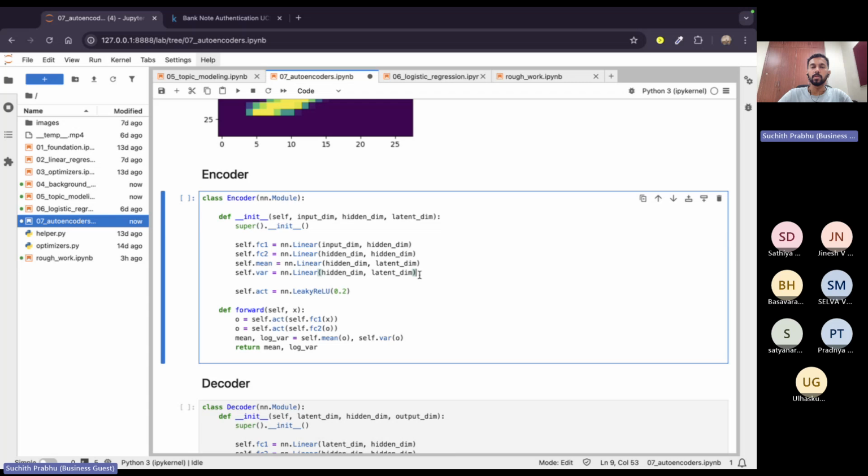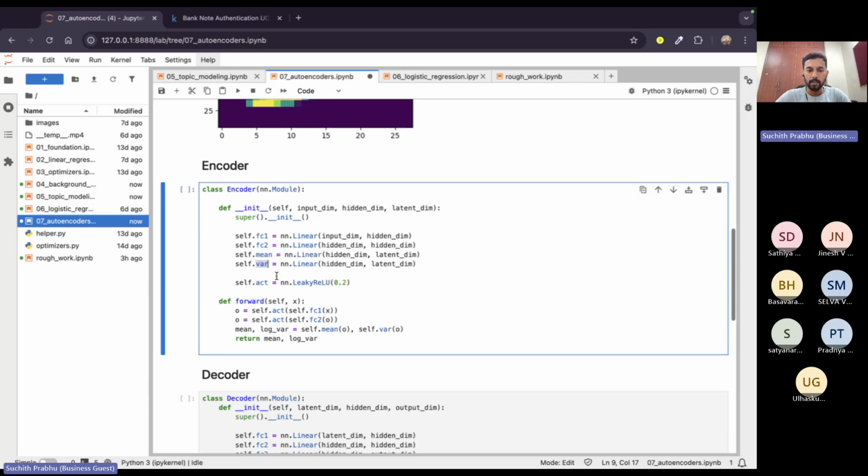Basically you're trying to model P of X, the distribution of the data points. So given an image, we'll assume it comes from a Gaussian distribution, and we'll directly try to model the mean and variance of the hidden representation.